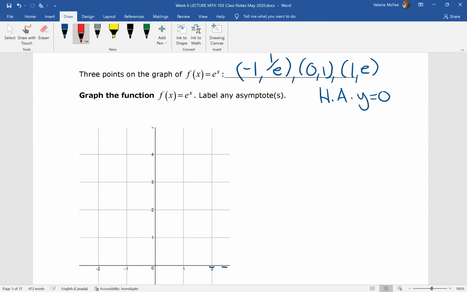So let's put that in first. -1, 1 over e, that's approximately 1/3. 0, 1; 1, e, that's approximately 3. We knew it had to be an increasing function because e is greater than 1. Every time our base is greater than 1, our function will be increasing.